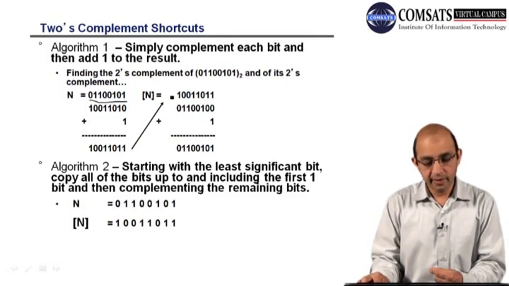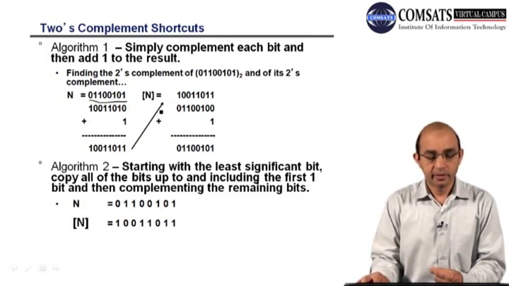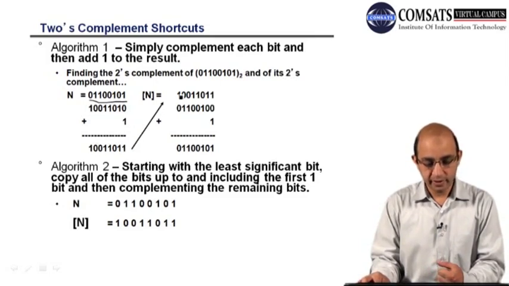If we take the 2's complement of the resultant, this is interesting, what we will get. So this is the number, and this is equal to the 2's complement of this number. We invert the corresponding bits, then add 1, and we have the resultant.